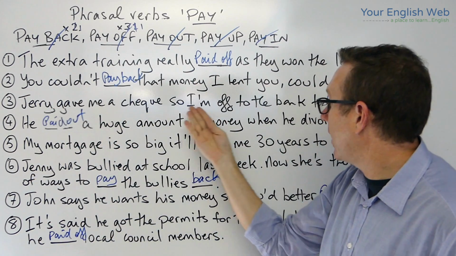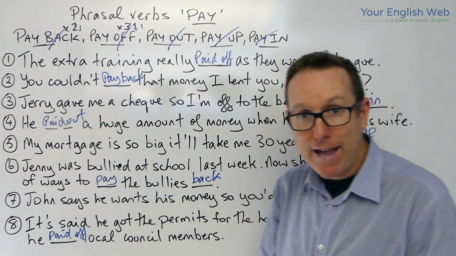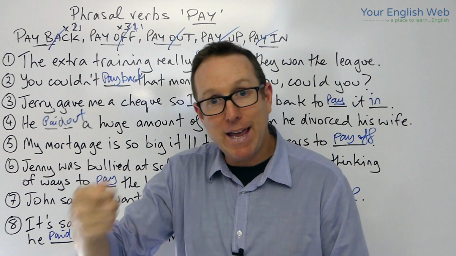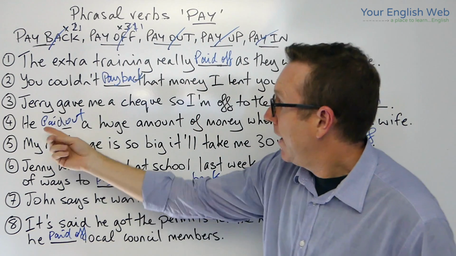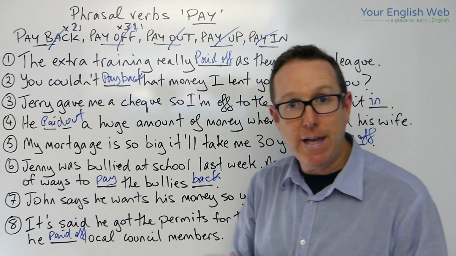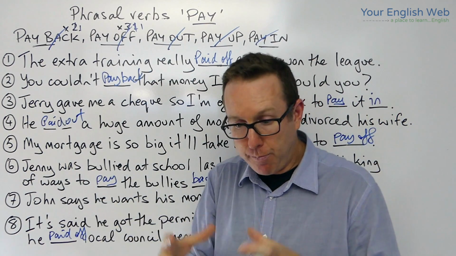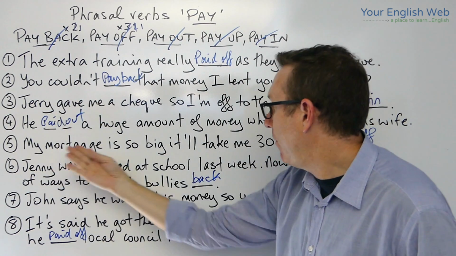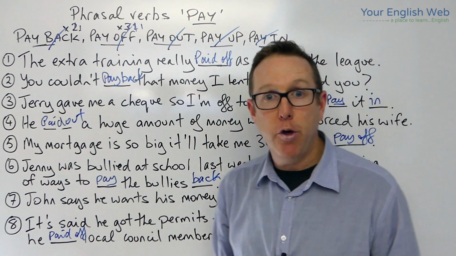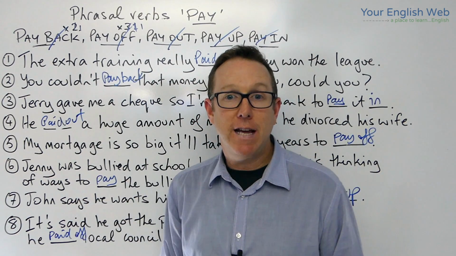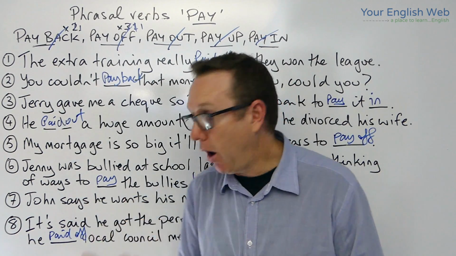He gave me a check, so I'm off to the bank to pay the money in to my account, as we can see here, pay in to an account. He paid out a huge amount of money when he divorced his wife. He paid out. He gave her a big amount of money. He paid her out. My mortgage is so big it'll take me 30 years to pay off, to cancel the debt that I have with the bank, to pay off.